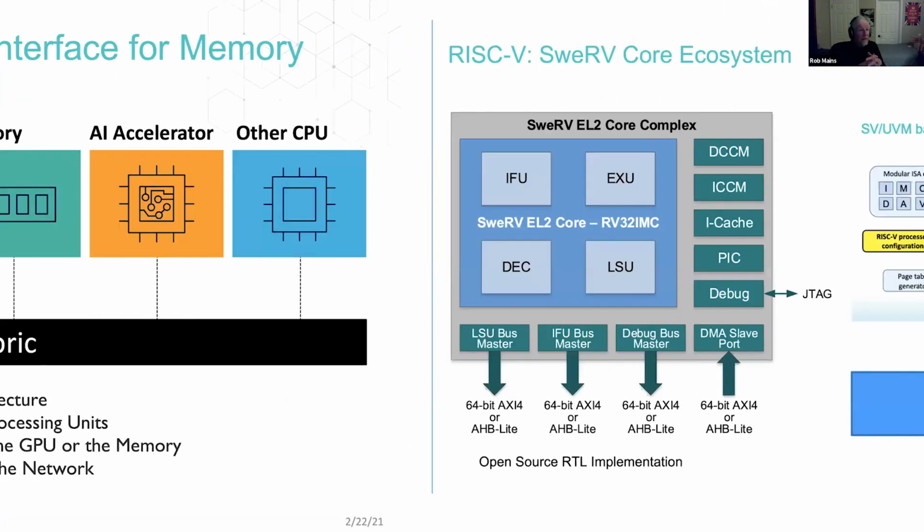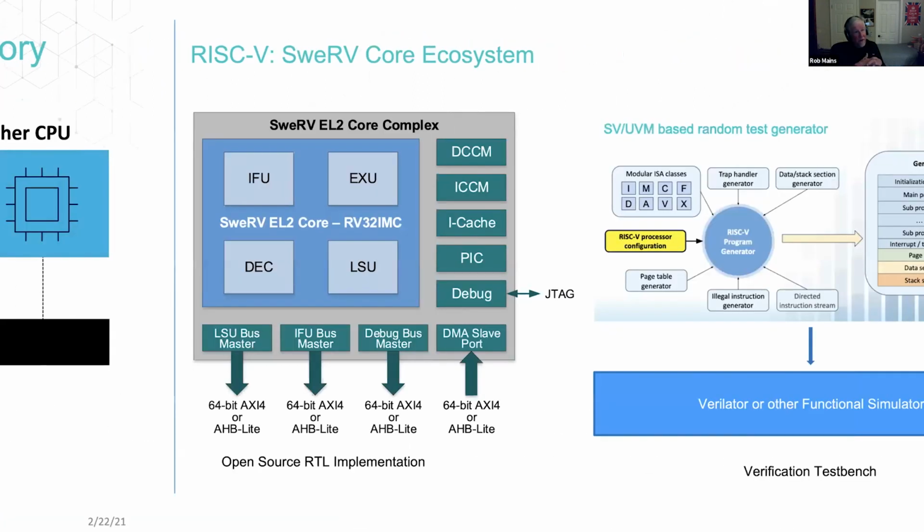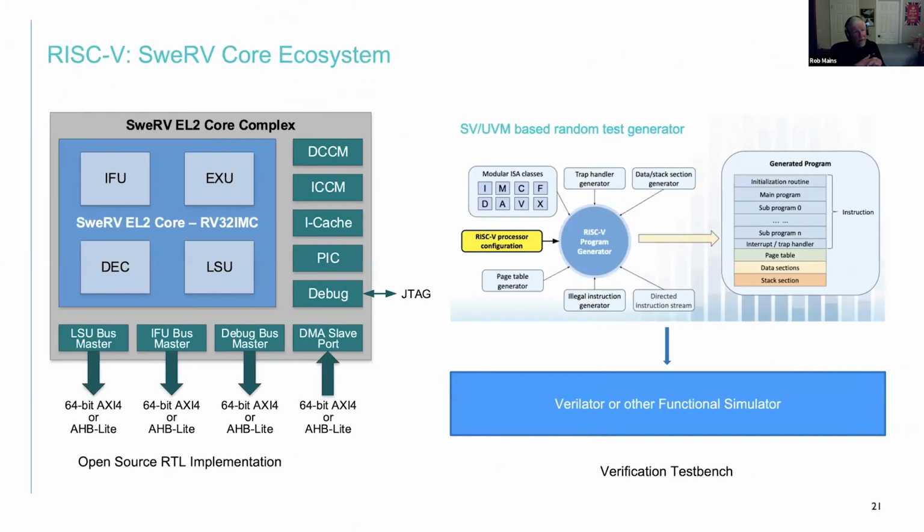The other aspect is that there's an entire RISC-V ecosystem out there. This was provided in part by Western Digital again, but effectively what they have provided is both the open source RTL implementation for a SweRV core, as I call it, which is a RISC-V based core set with the associated peripherals around it, and then have provided the necessary verification bench with it to help verify the design.